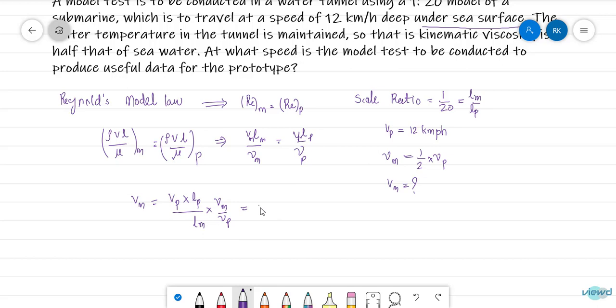So the velocity of the prototype is 12 km per hour, into Lp by Lm, which is 20, and nu m by nu p is 1/2. So that gives 120 km per hour. That is the velocity of the model. So the model velocity should be 120 km per hour, so that 12 km per hour in the actual case can be achieved.